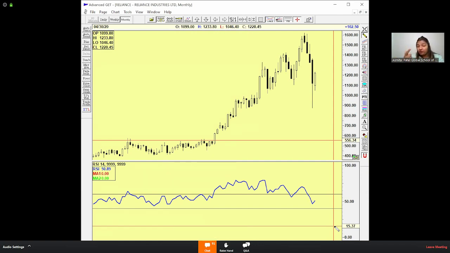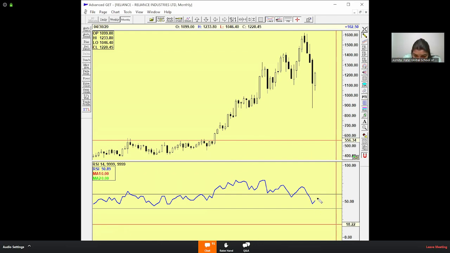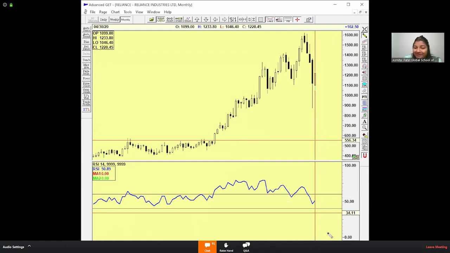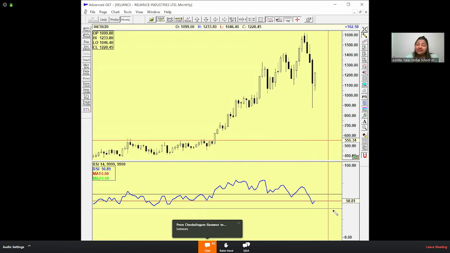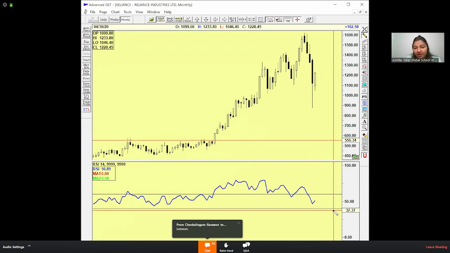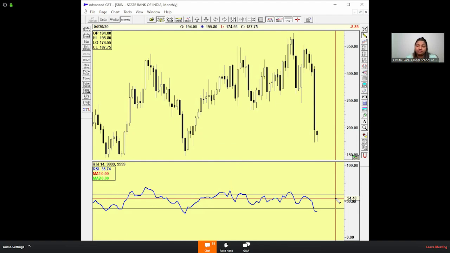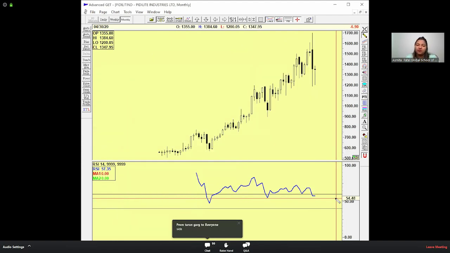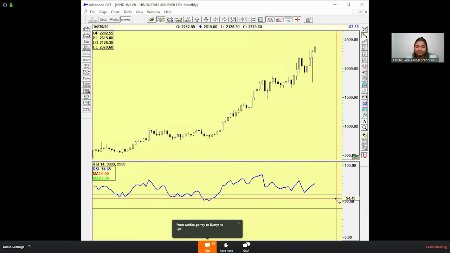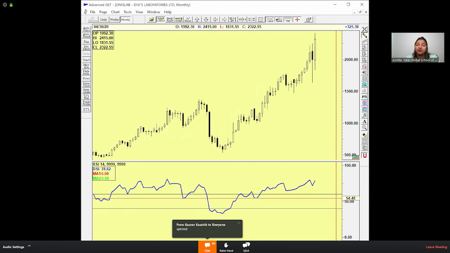Once this weekly time frame remains in an uptrend for a few months, then the monthly time frame gets into an uptrend. So in short, I'll repeat again.